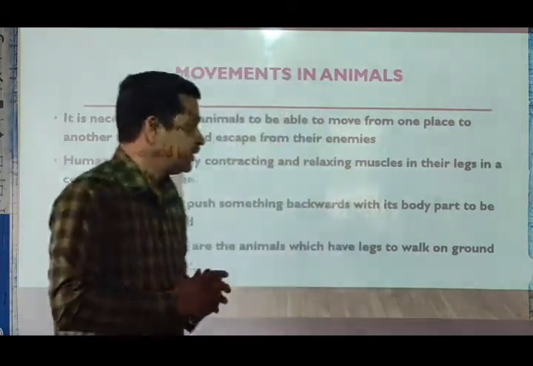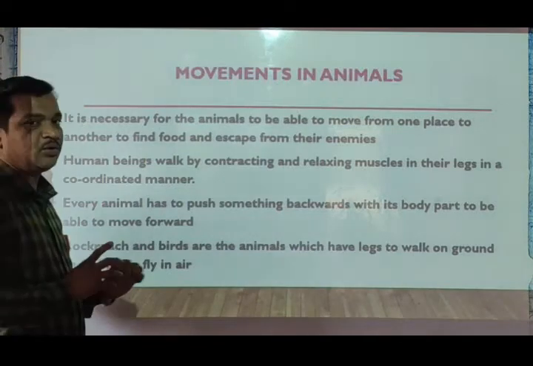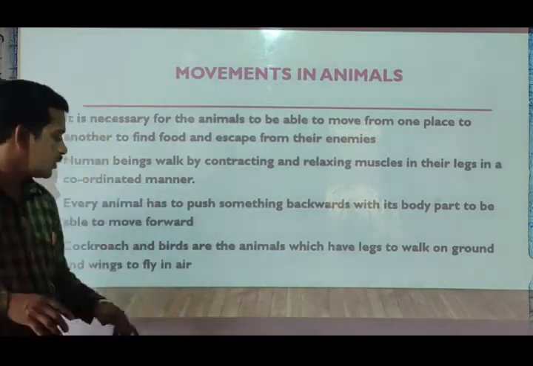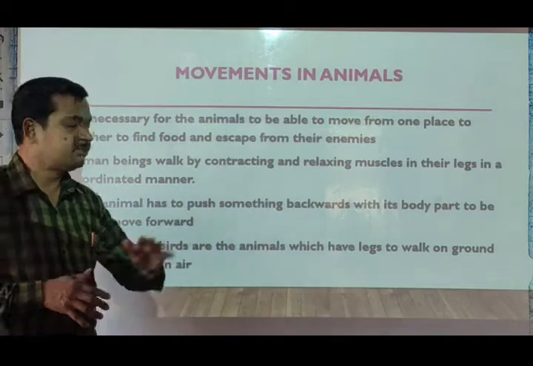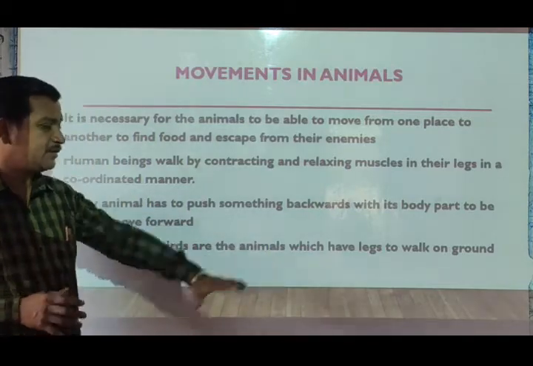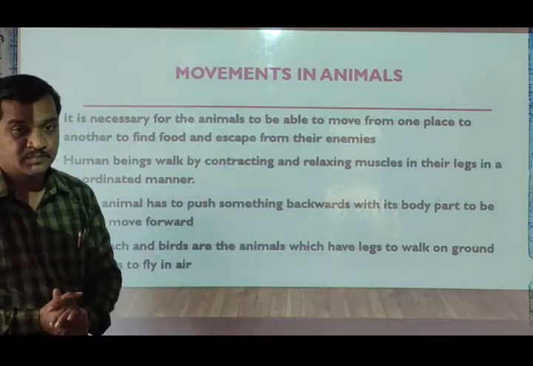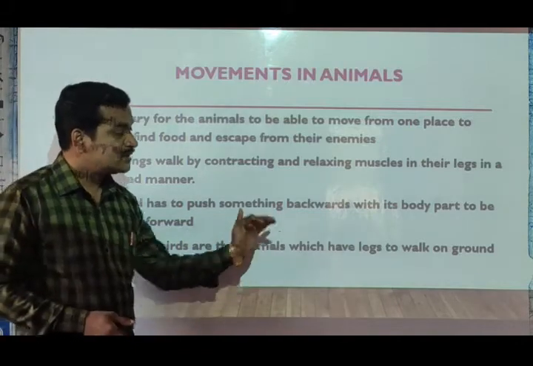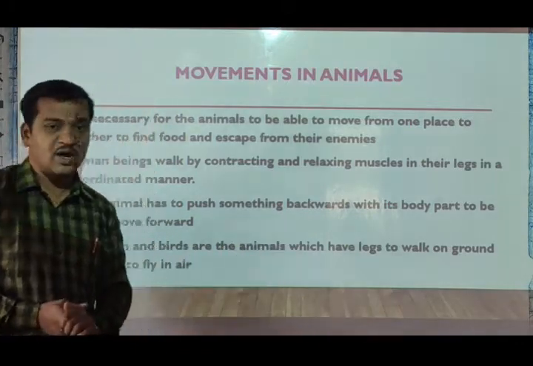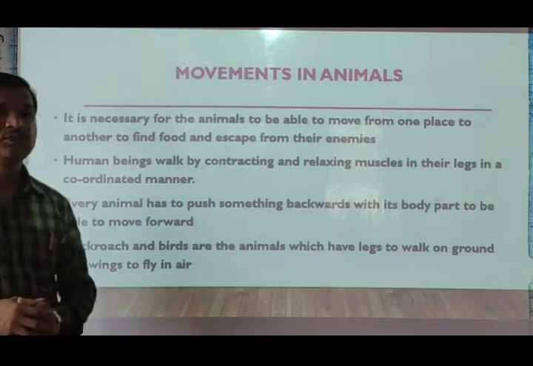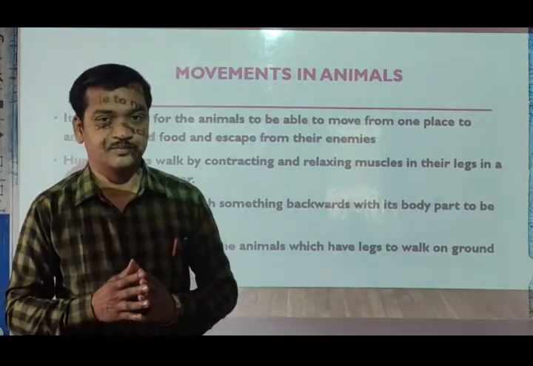Okay? The next thing, cockroach. Now about the cockroach. Cockroaches and birds are animals which have legs, and they can use these legs to walk on the ground and wings to fly in air.